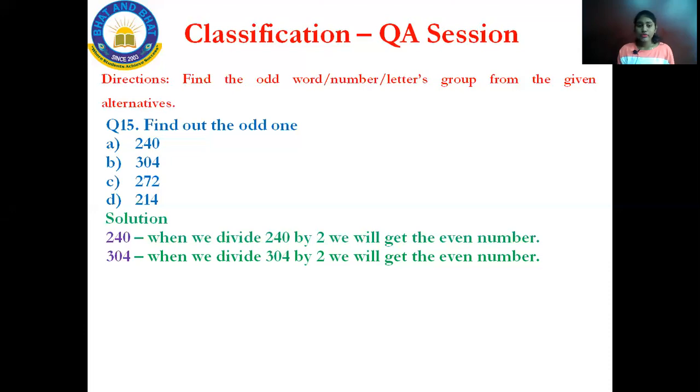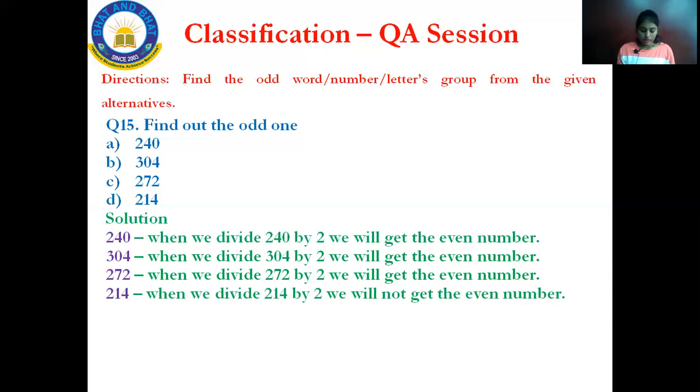And if we divide 272 by 2, we'll get the even number, that is 136. And then 214: if I divide 214 by 2, we will get 107. 107 is not an even number.